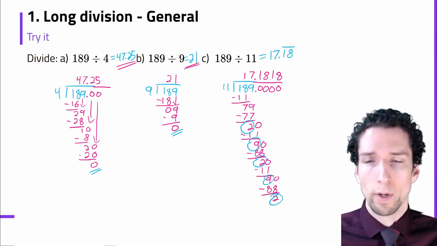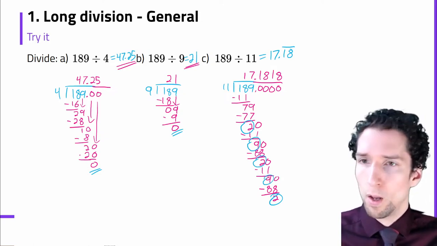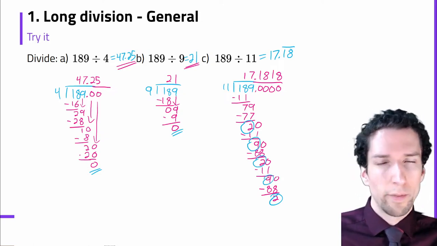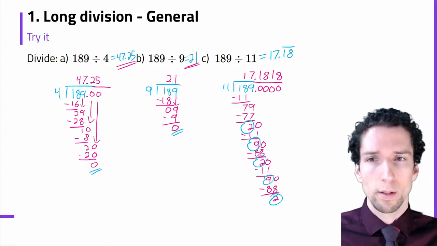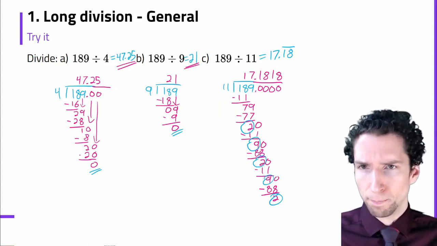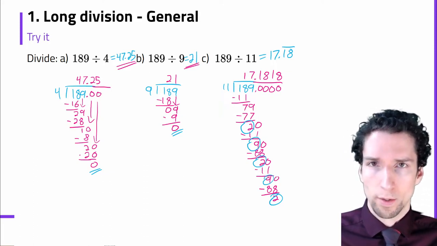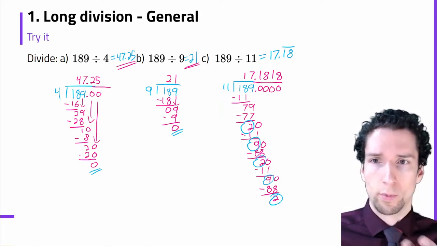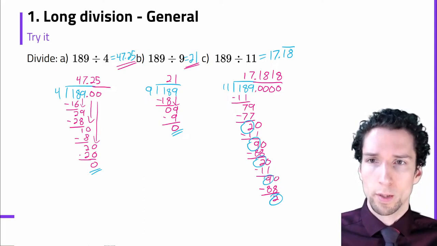So 18, 18, 18 forever. So that's not a clean decimal, but it's still a nice result. It's not some messy decimal that will just constantly be changing. So we can express it in this way, 17.18 repeated.